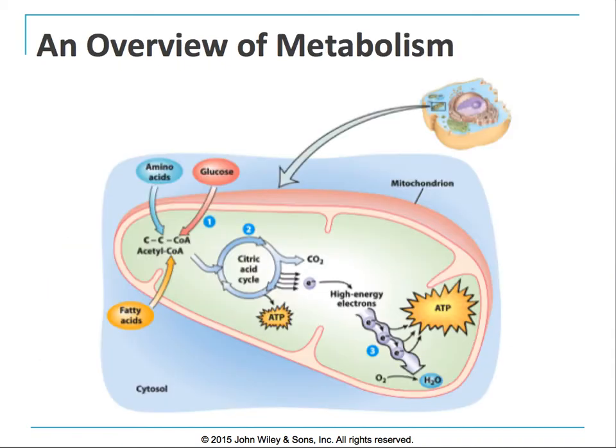So that's what was going on in this photo. All of these systems are happening inside the mitochondria of this animal cell right here. All this is doing is taking in fatty acids, amino acids, and glucose through a number of systems in order to create ATP so that that ATP can be used by cells to carry out their daily tasks.